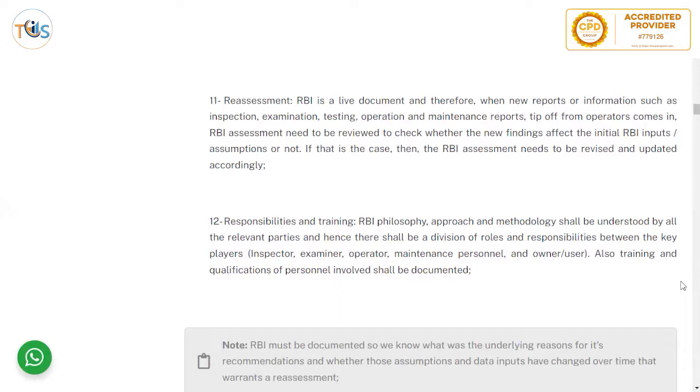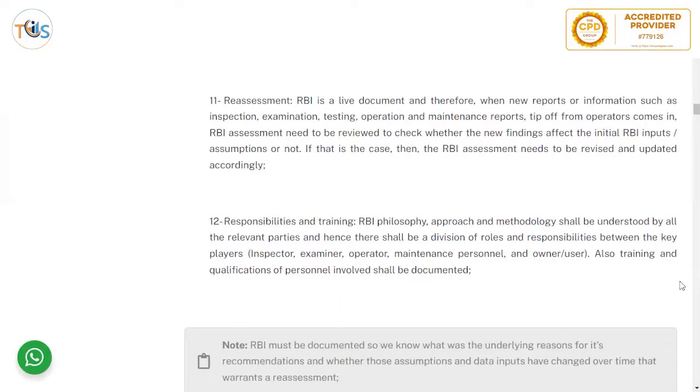And then the data should be gathered and analyzed, and there is a management who does the budget, and RBI is also time-based. It's not forever. Based on the budget and the time set out, the level of detail is chalked out.